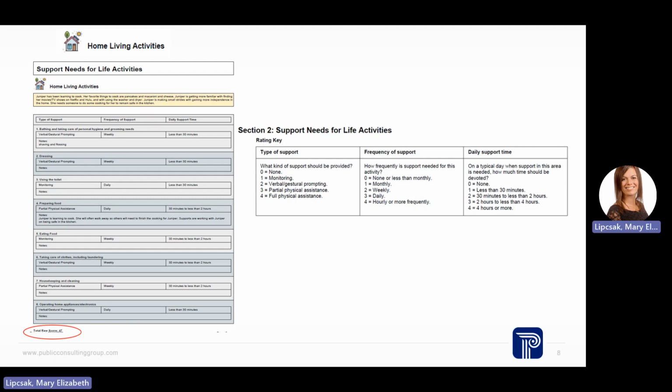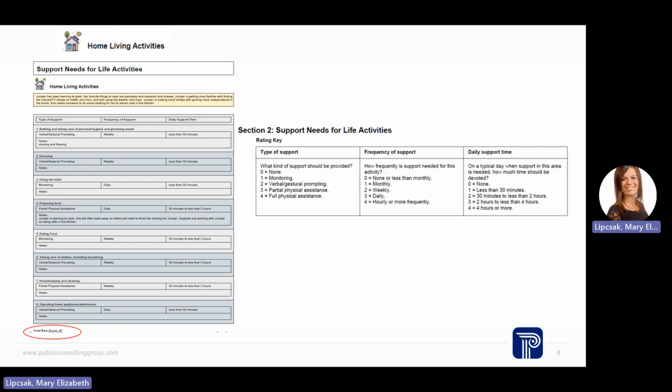Each life activity is scored by the type of support, the frequency of support, and the daily support time. All of the ratings decided by the team during the SIS interview are listed for the 7 life activity domains. In these 7 sections, the total raw scores are the total number of points received in each subscale.